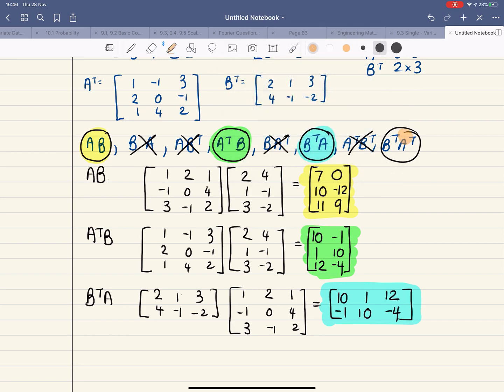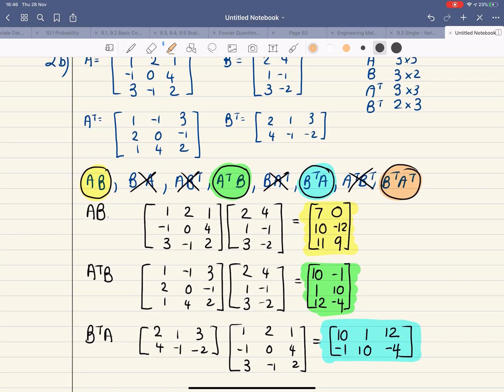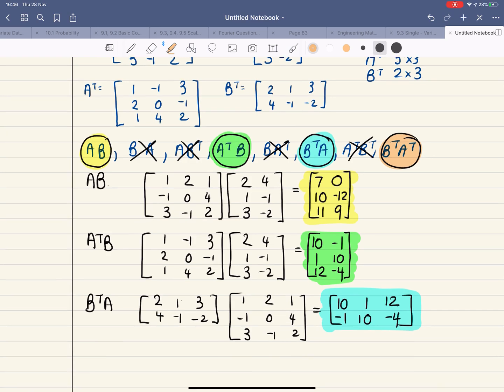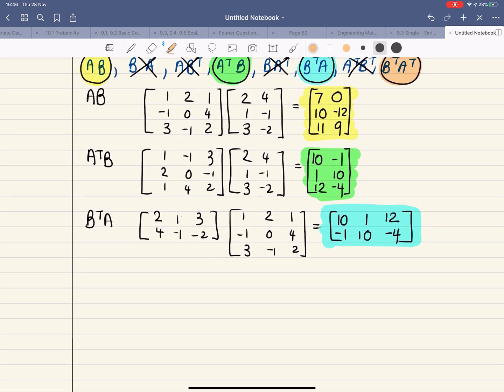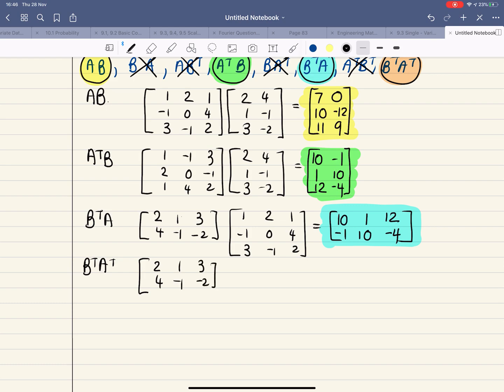And then the final one, which is going to be B transpose A transpose. So I've got these here actually. B transpose is directly above. A transpose is here, look.